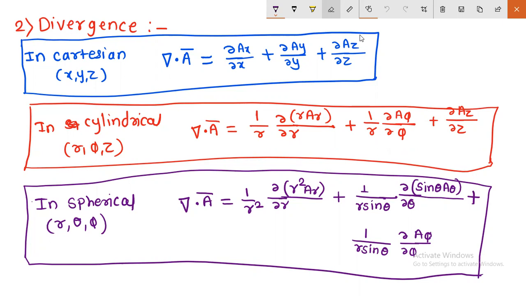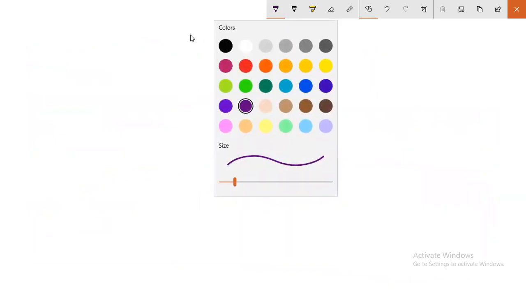Then the next is the curl. Can I clear this screen? Yes, ma'am. Now the curl, the third one. First we'll see that this curl is nothing but the del operator operating on any vector by using the cross product.